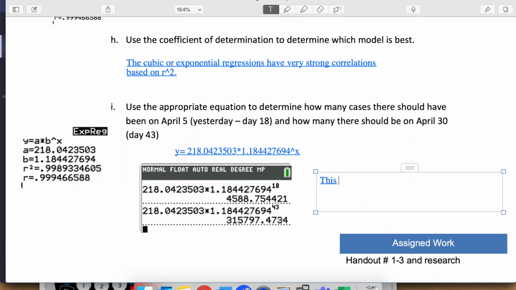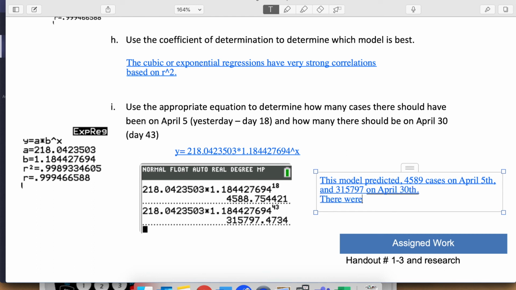This model predicts, or predicted, 4,588 cases, maybe I should round that to 9, on April 5th, and 3,015,797 on April 30th.